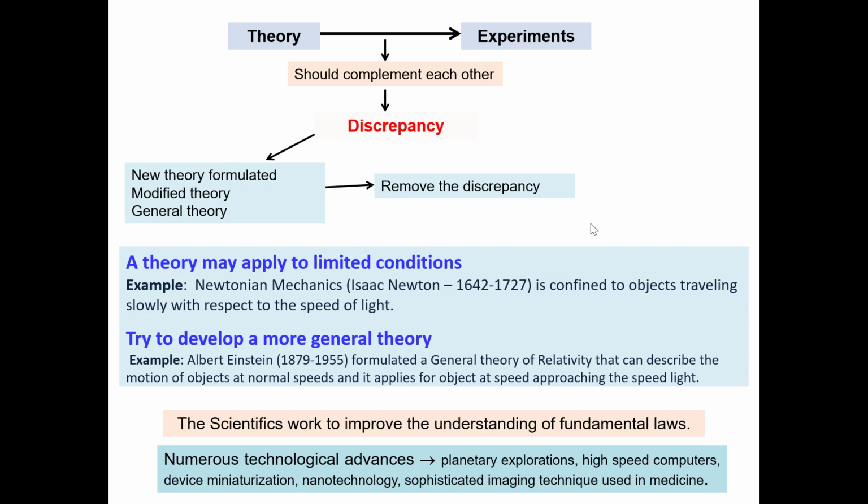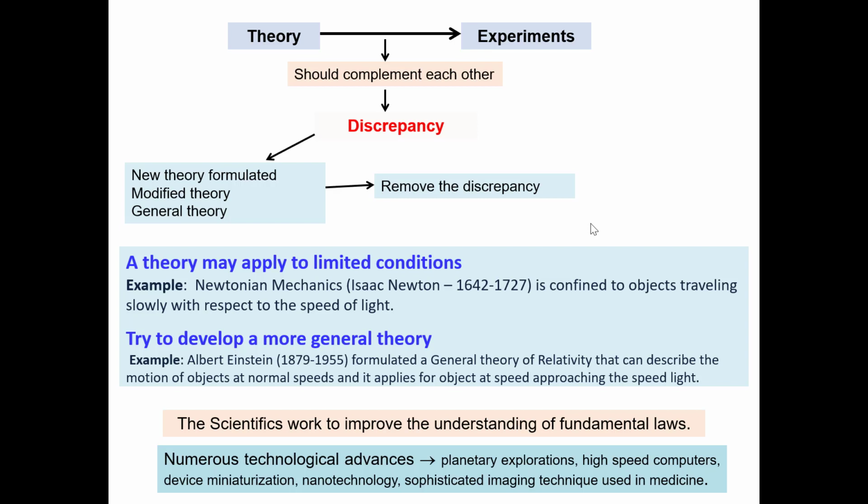One example is Newtonian mechanics, which can explain the motion of objects when the speed is slow compared to the speed of light. But this theory cannot explain the motion of objects if the velocity is close to the speed of light, which is 3×10^8 meters per second.